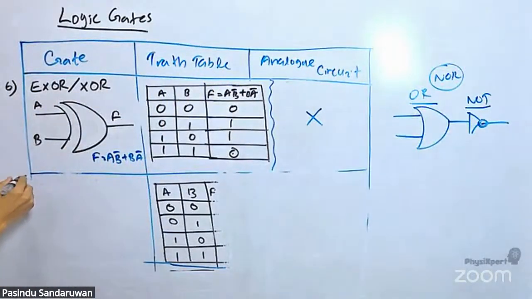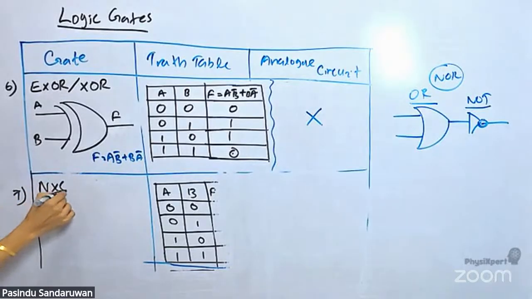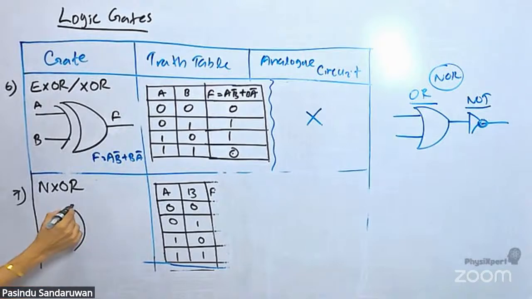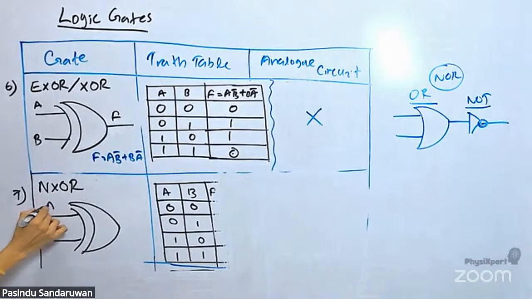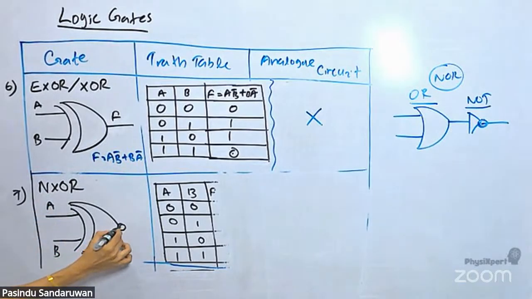Last one. NXO. Not exclusive O. Right? Not exclusive O. Then A, B, make a table.